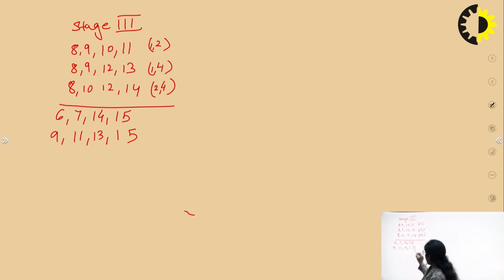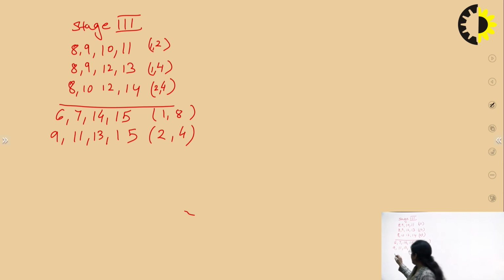The initial difference is 4 and then the initial difference is 2. For 9 and 11 the difference is 2, and for 9 and 13 the difference is 4. So we have 2, 4.